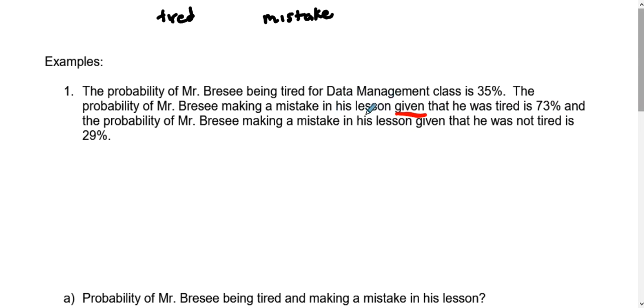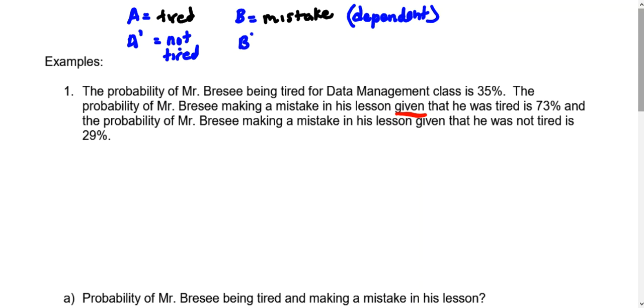Physically write where you have your B and A. So my being tired is A. Me making a mistake is B. And the reason why this is my dependent variable is because making a mistake depends on me being tired or not tired. Okay, so we actually have to define these variables as well because we don't know what we're trying to compare. So it gets a little bit complicated, but take your time and write these out.